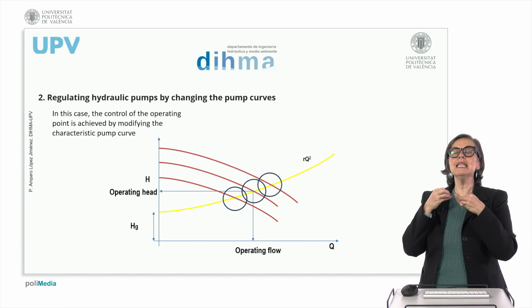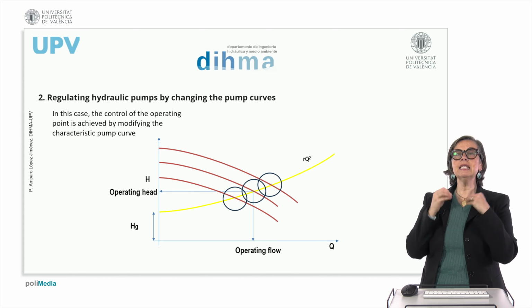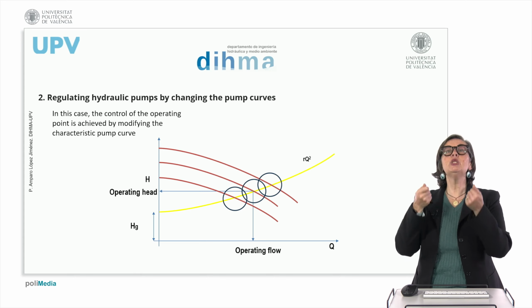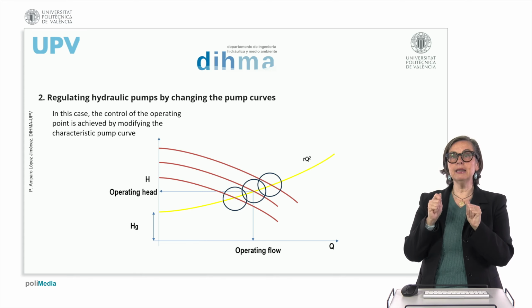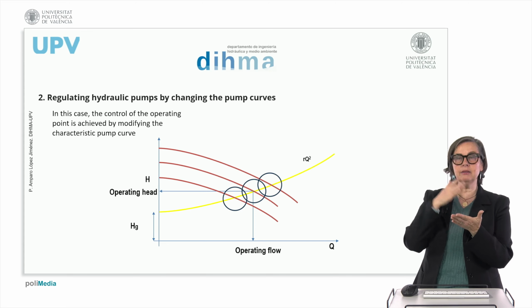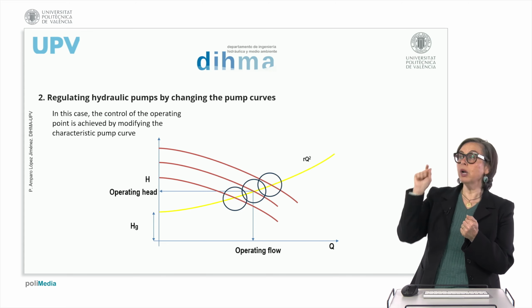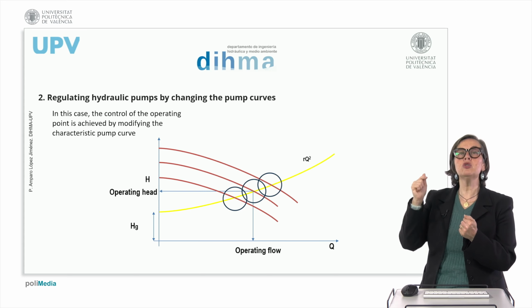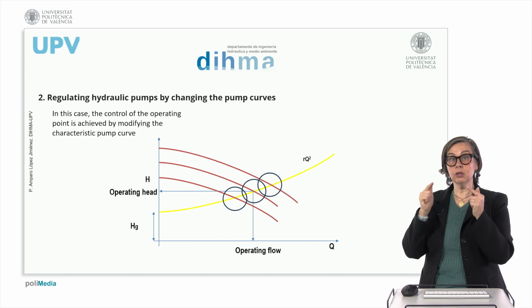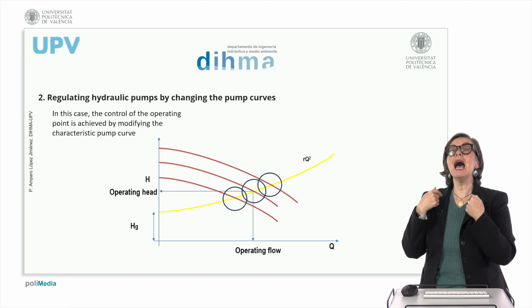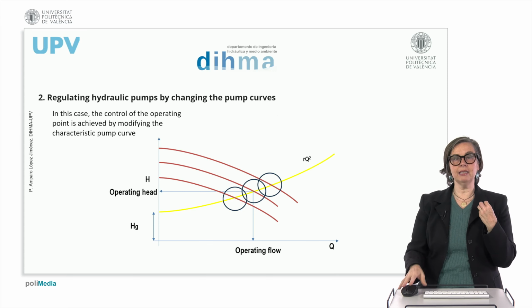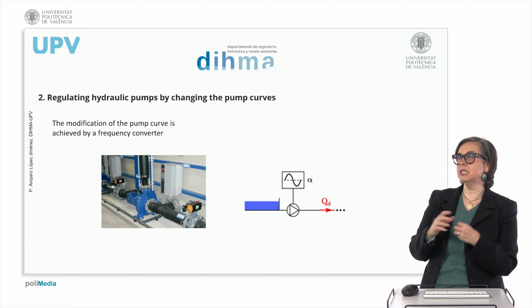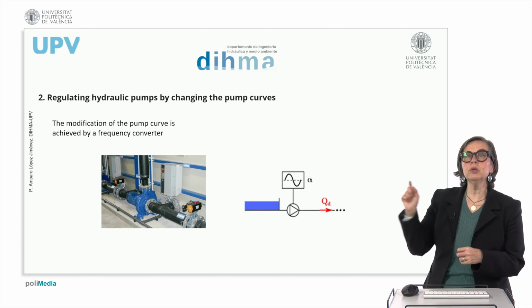So what is easier for us is to change the speed of the impeller to have several characteristic curves. When we do this, we can control the characteristic curve of the pump and then control the operating point of the system. How do we do this?